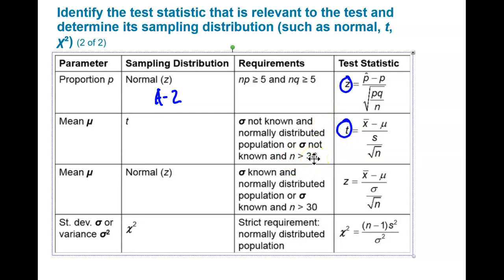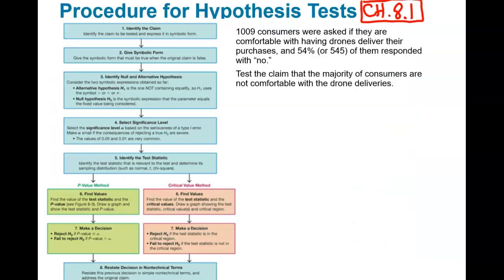When we test the population mean and sigma is known, and the population is normally distributed or the sample size is greater than 30, then we use the Z statistic. When we test a claim about standard deviation or the claim about variance, we use the chi-square distribution, and that has a very strict requirement of a normally distributed population.